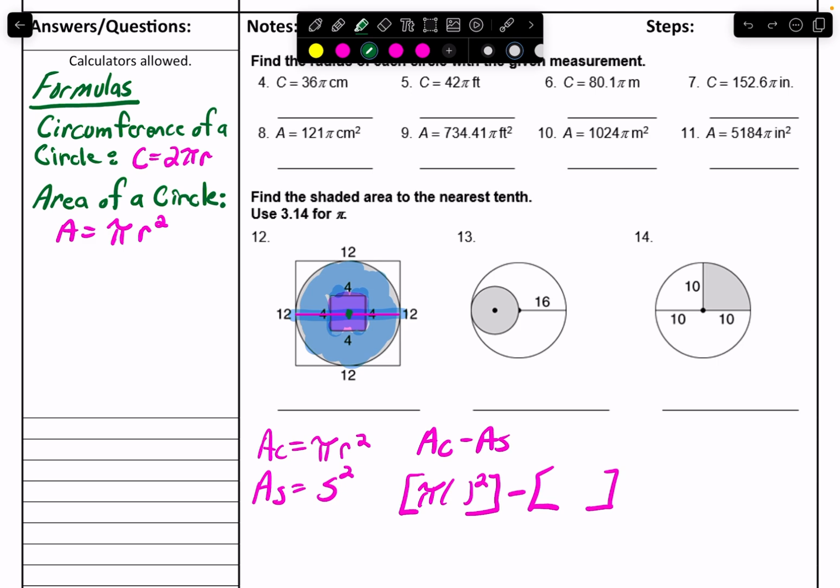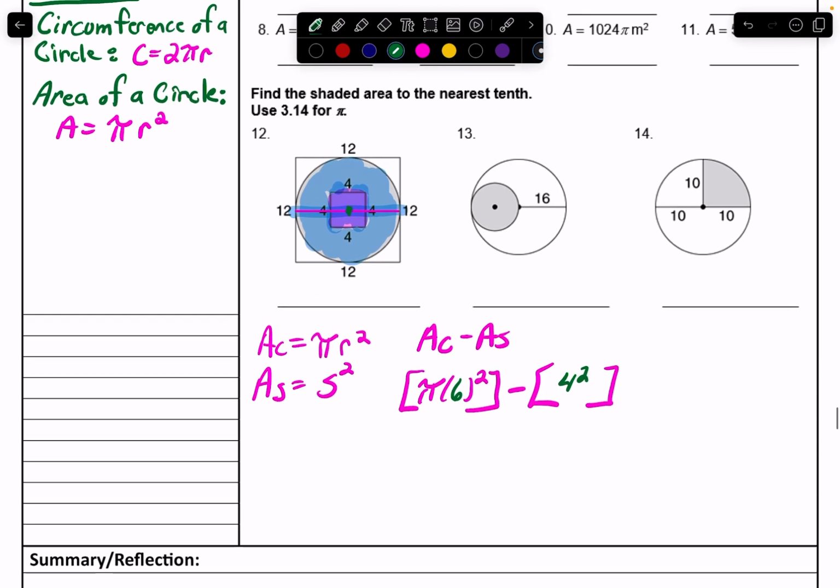We know that 6 is the radius. Now the square is just side squared, and the side is 4, so that's 4 squared. So what we end up with is we square this right here, 36 pi minus 16.